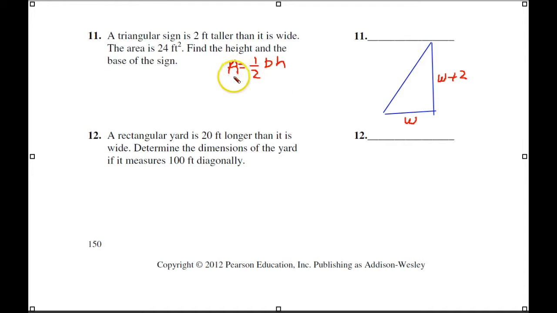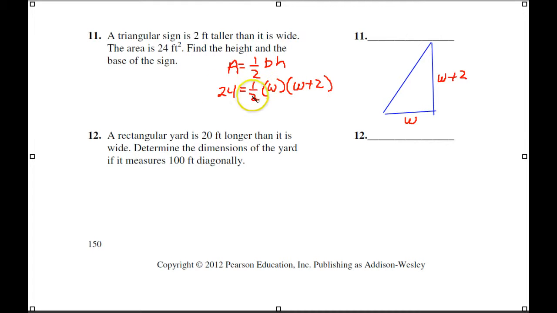Now the area of this sign is 24 feet. So there's the formula for area of a triangle. I would put 24 here equals 1/2, and then W times W plus 2.